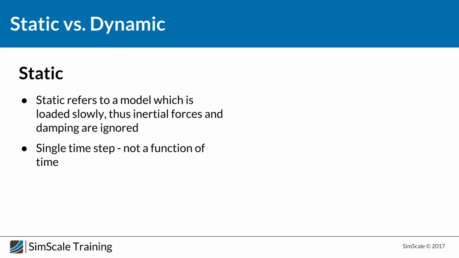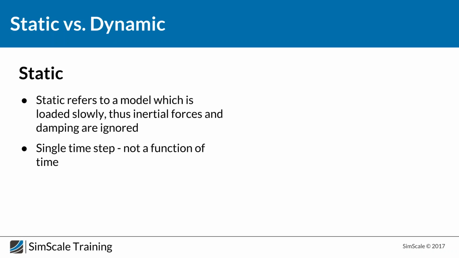Static basically means that your load is added very slowly to your model, and you can therefore ignore inertial forces and damping. Basically, there is nothing static in the world. Everything is dynamic, but as long as it's slow enough, we can assume it to be static. It's one of the most common assumptions in engineering.